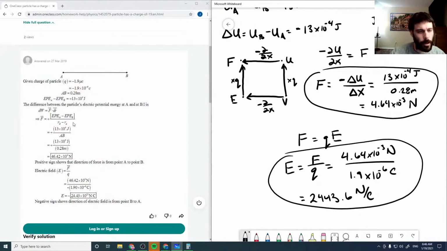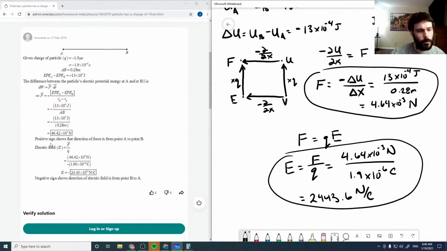But they're also computing work. So direction is the force. Not quite, but it's okay.